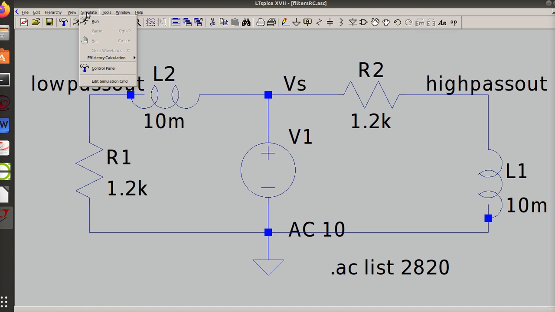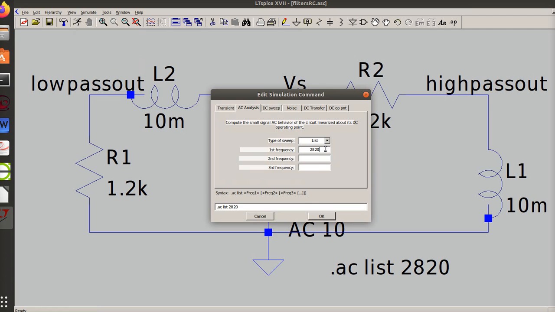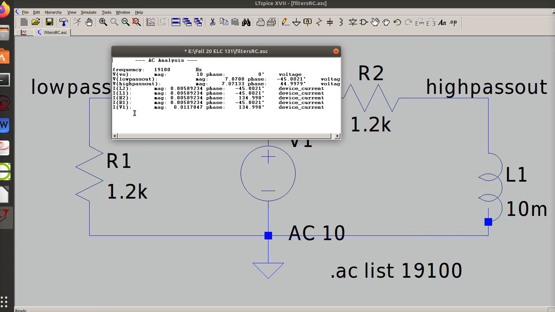because that's from the last time. And so we're going to do one frequency. I think that's going to show up better, 19100. And so I click OK, and if my spreadsheet's right and I run it, then my voltages should both be about 0.707 on a 10 volt source, or 70%, 71%, however you want to look at it.